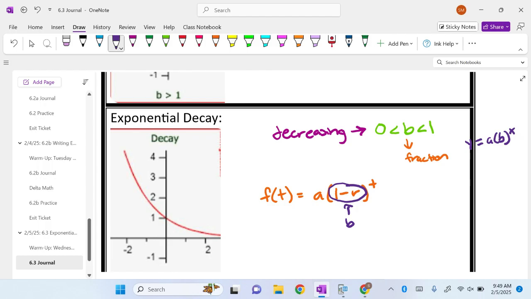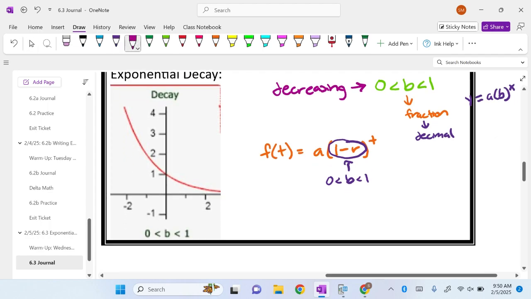Yes. And it does technically give me a fraction, but in this case, we'll keep it as a decimal. It still has to be between 0 and 1, that decimal. So it does always work.